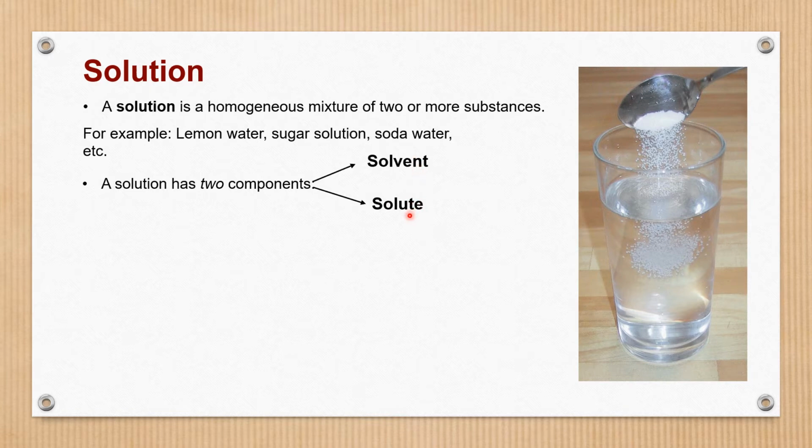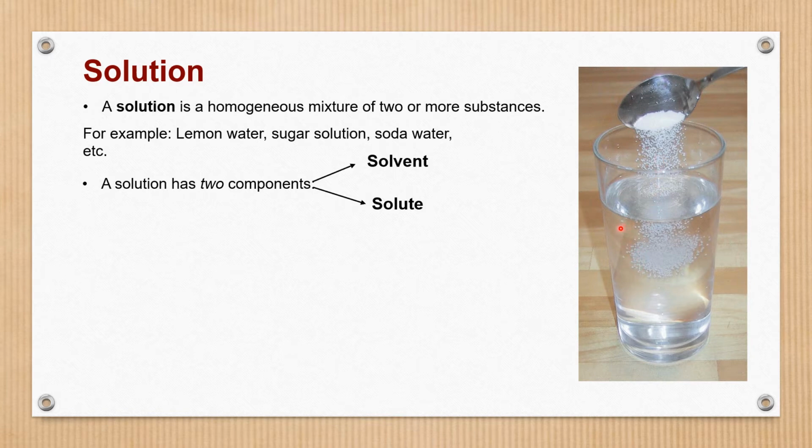I will say which is the solvent and which is the solute by taking one example. Sugar solution. How do we prepare sugar solution? Sugar in water. In that, water is the solvent and sugar is the solute. Got it children? In sugar solution, sugar is dissolved in water, so two parts are there, sugar and water.